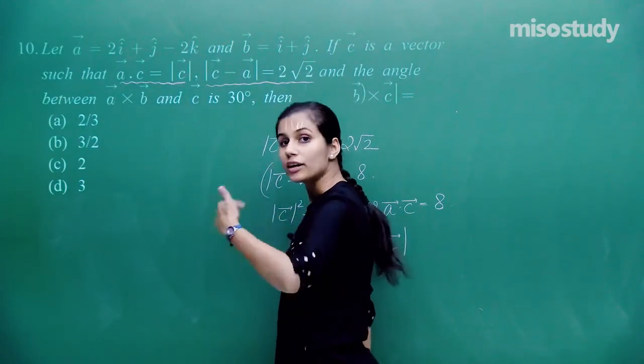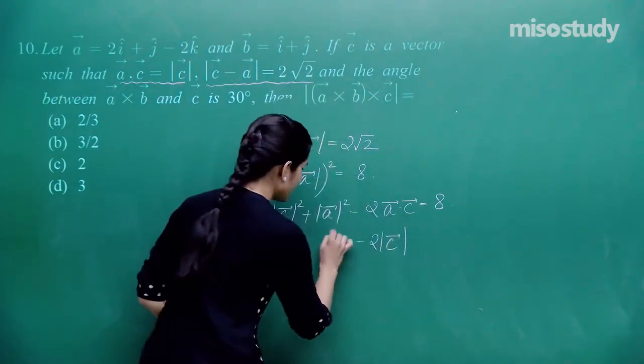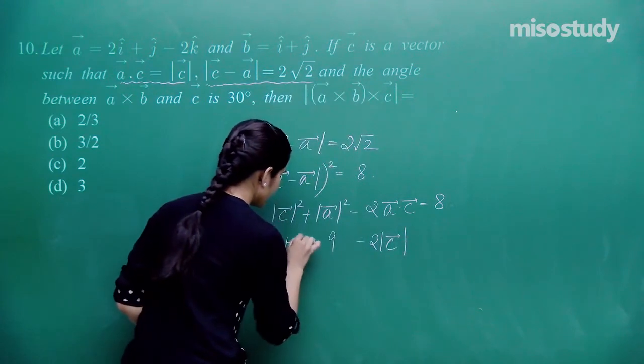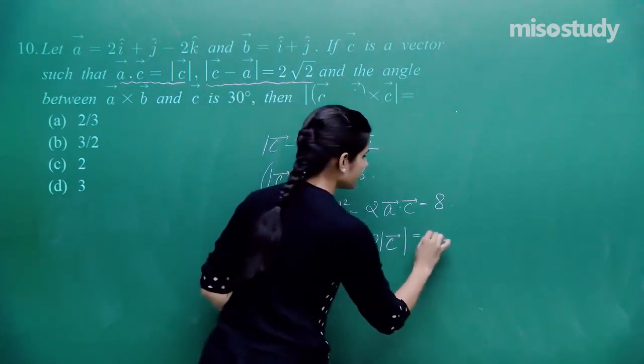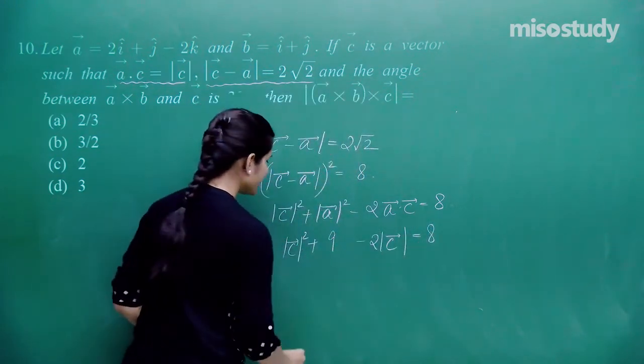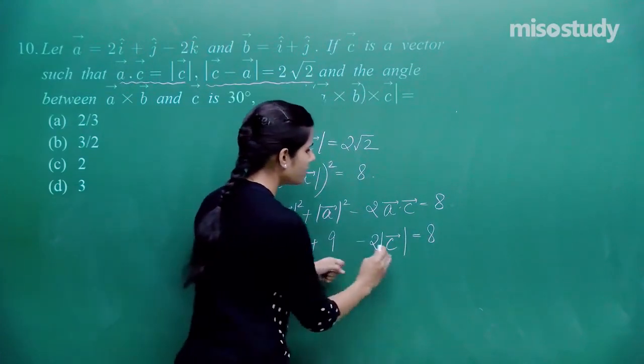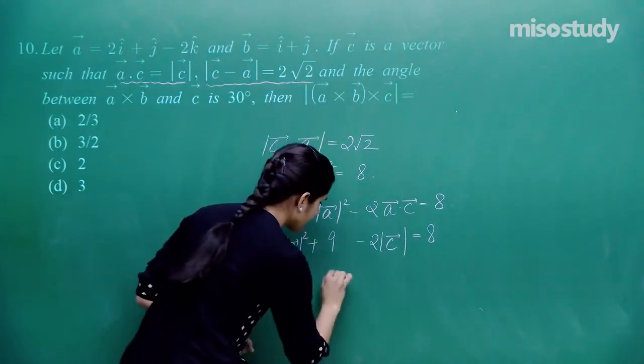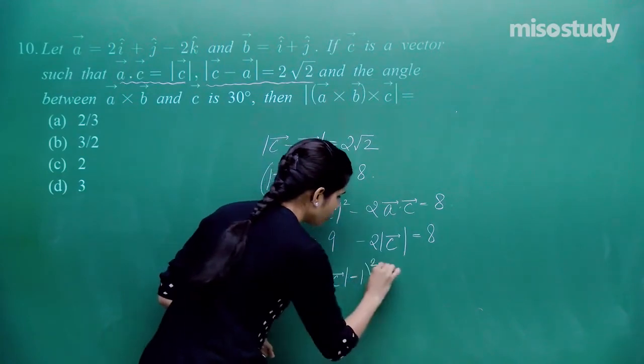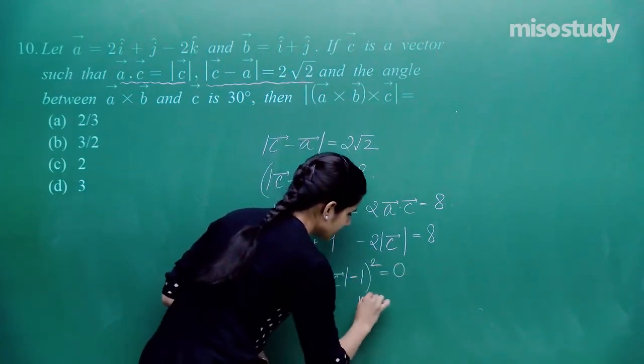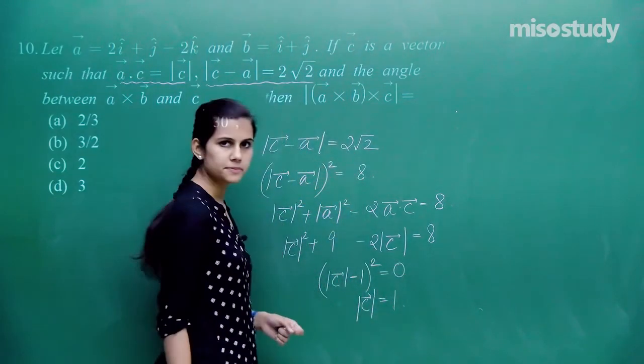So mod A square is 9. So this is 9 plus mod C vector whole square equals 8. 9 minus 8 is 1. You get mod C square plus 1 minus 2 mod C, which is nothing but (mod C minus 1) whole square equals 0. This gives you mod C is 1.